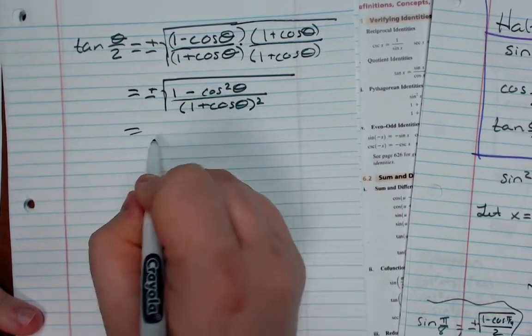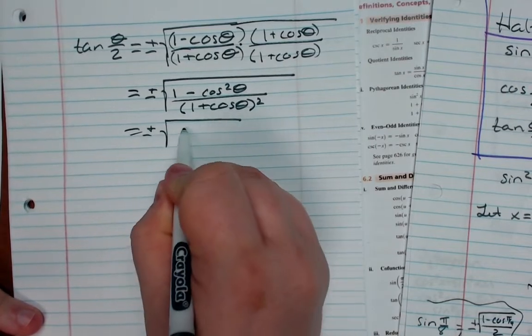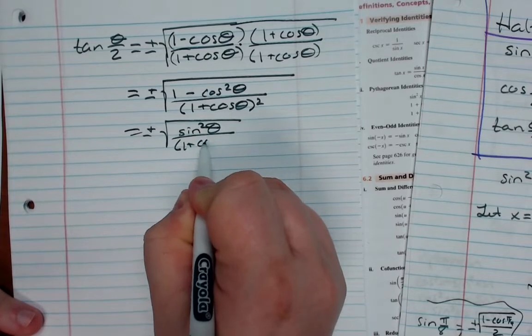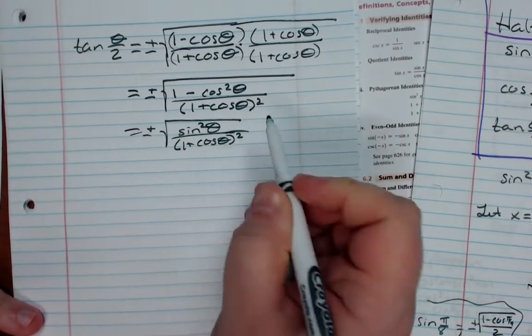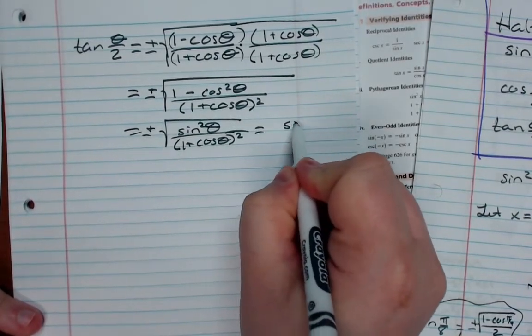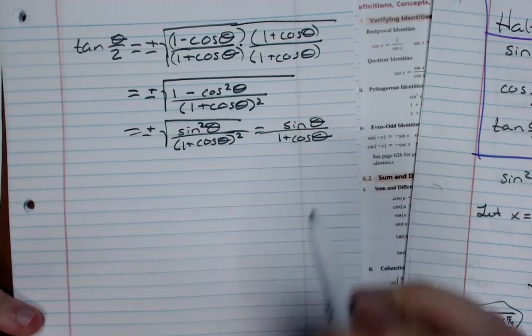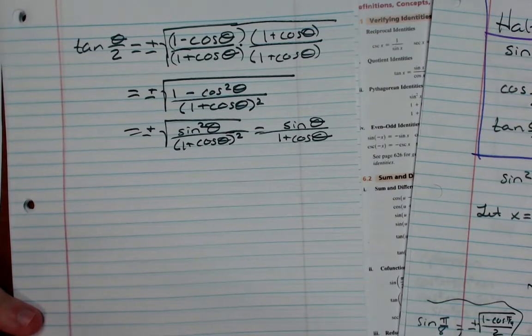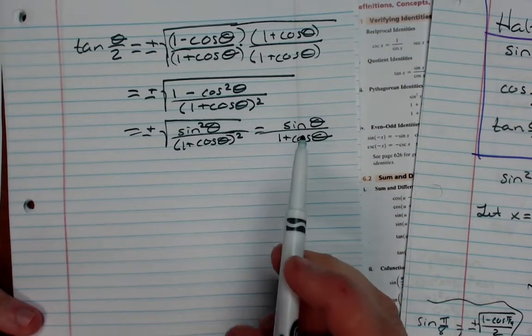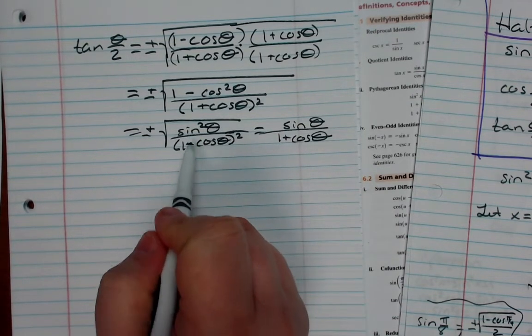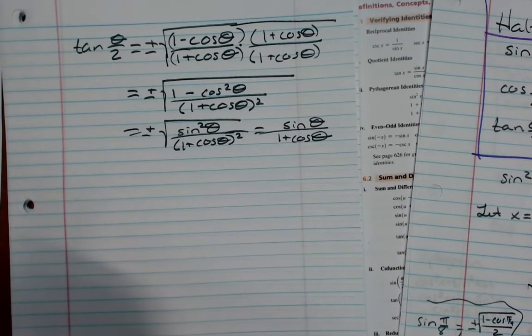Well, 1 minus cosine squared is sine squared theta over 1 plus cos theta squared, which is just sine theta over 1 plus cosine theta. I lost my plus or minus. Why did I lose my plus or minus? Well, if I take the square root of 2 squared terms, the result can only be positive.